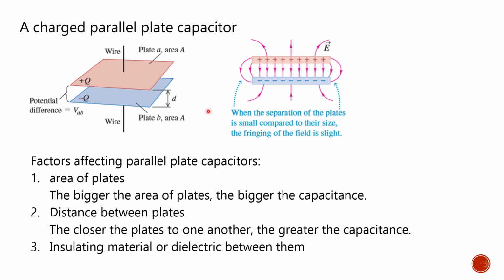When the separation of the plates is small compared to their size, there is a slight fringing of the electric field. That is the effect of the distance between the plates.